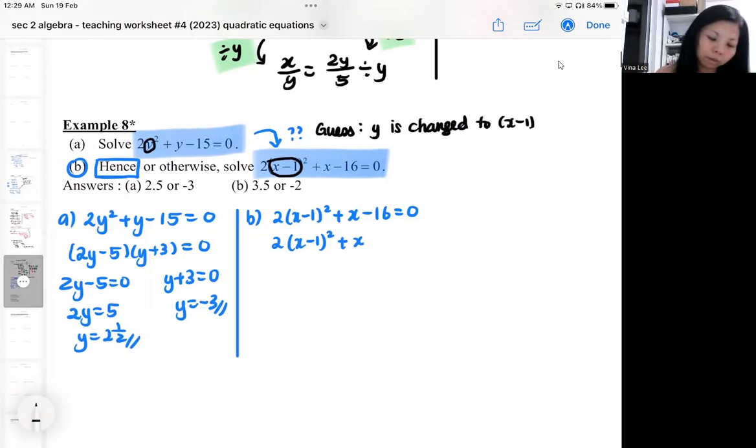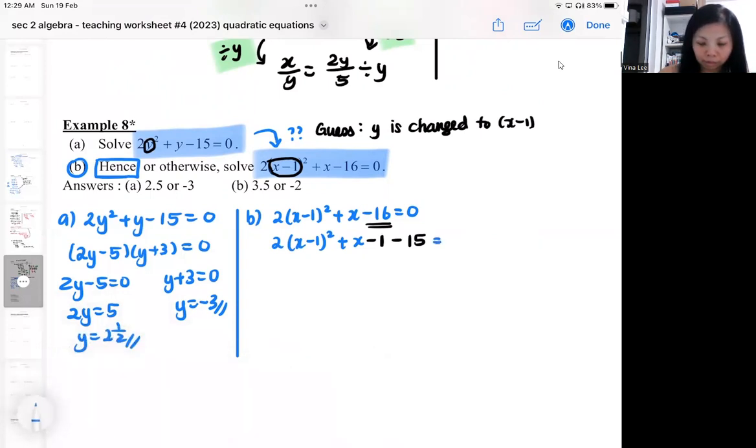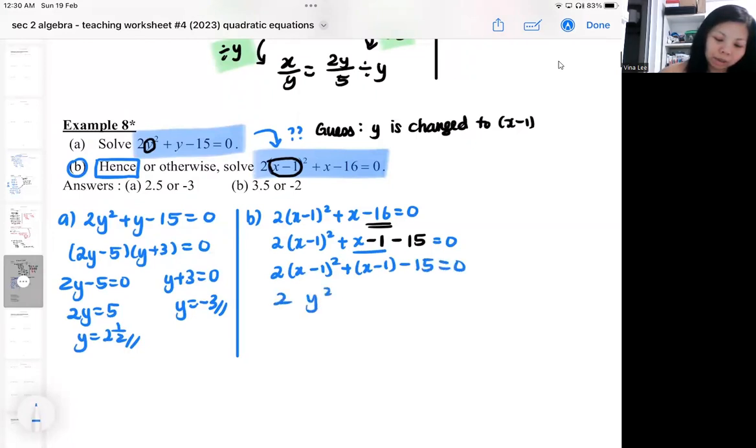So I'm going to check whether it is true or not. I split the minus 16 into minus 1, minus 15. From here, I organize, and I put the original side by side.